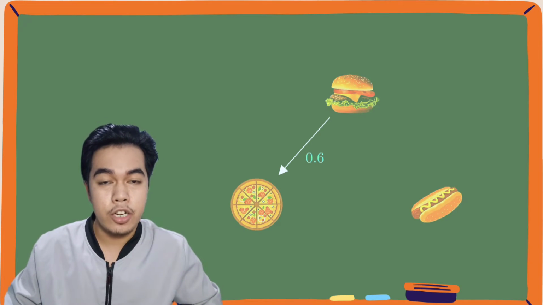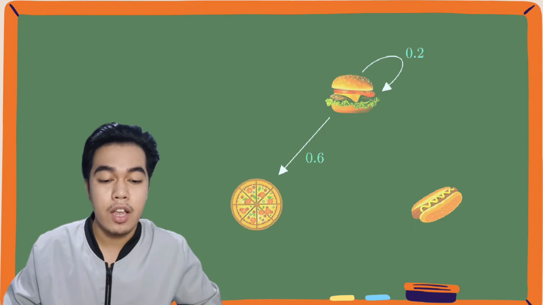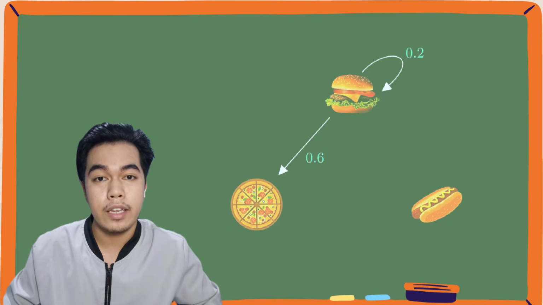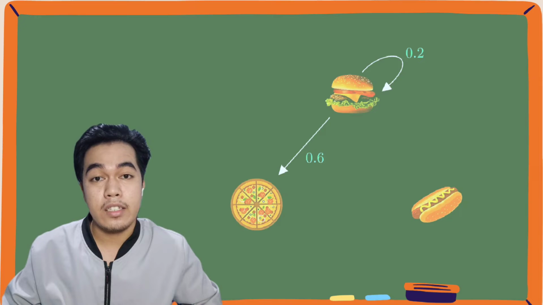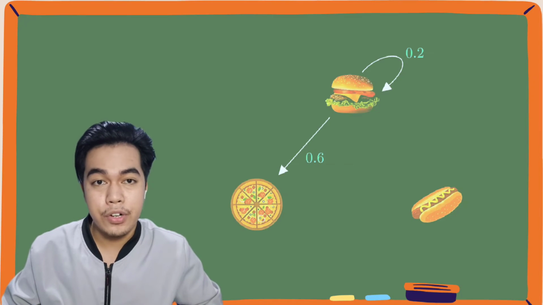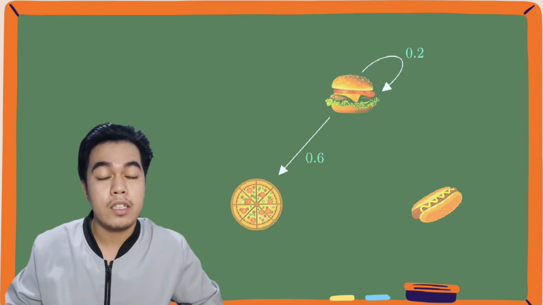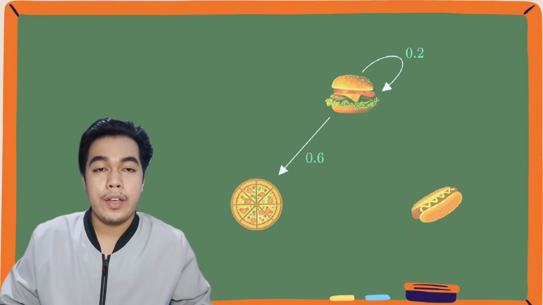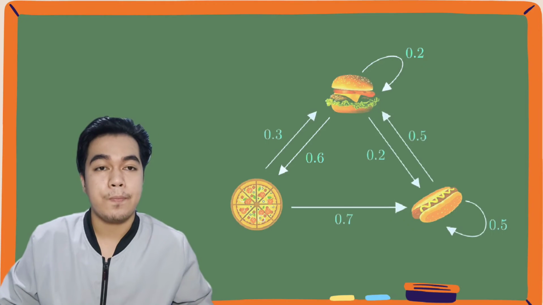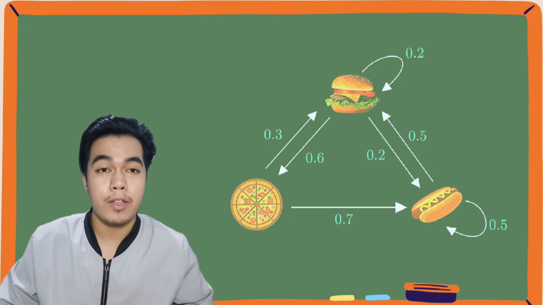There's a 20% chance that tomorrow, again, they will serve hamburgers, and that is represented as a self-pointing arrow. Well, each arrow is called a transition from one state to another. Now, I'm gonna show you all the possible transitions. The diagram you are seeing right now is actually a Markov chain. Yes, the concept is simple as that.